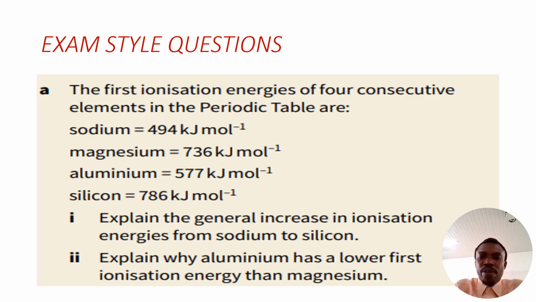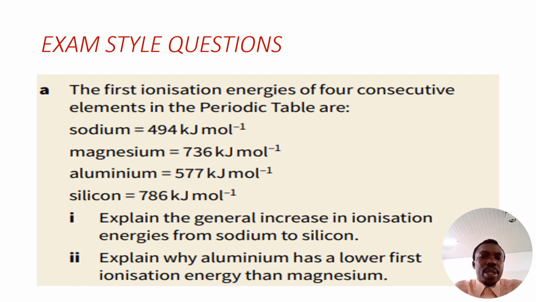Based on what we've done, these are exam style questions for us to attempt. Now let's look at this question together. The first ionization energies of 4 consecutive elements in the periodic table are: sodium 494, magnesium 736, aluminium 577, silicon 786.